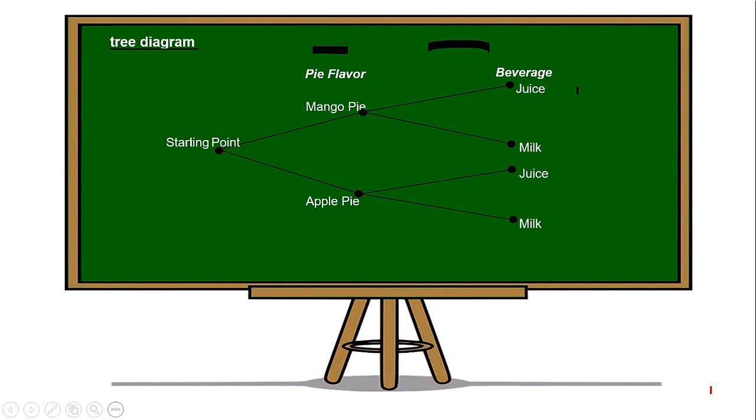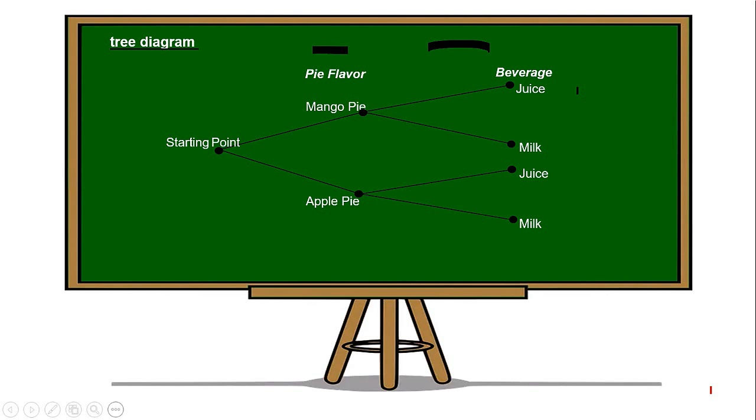And a tree diagram is simply a diagram shaped like a tree used to display sample space by using one branch for each possible outcome in an experiment. With the use of this tree diagram, we can easily identify the list and the sample space for choosing a pie flavor and a beverage.